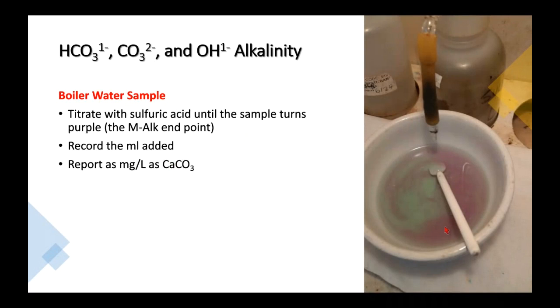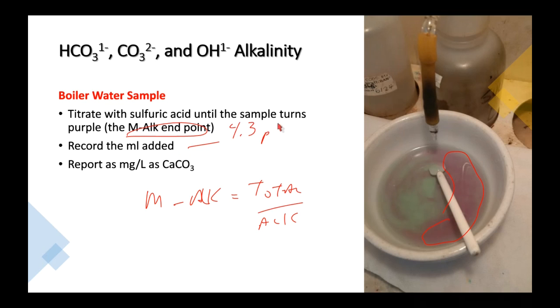So we're going to titrate it until it gets to its endpoint, and here you can see it's going more toward its purple endpoint. And again, we record the milliliters added, and then we end up with our total alkalinity. So M-alk is equal to total alkalinity. By the way, this M-alk endpoint is 4.3 pH.